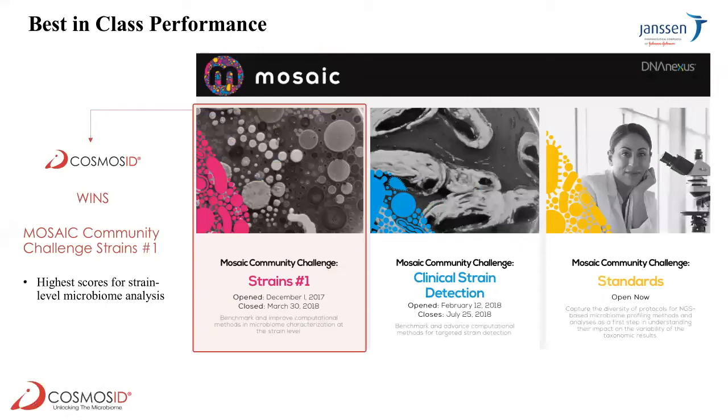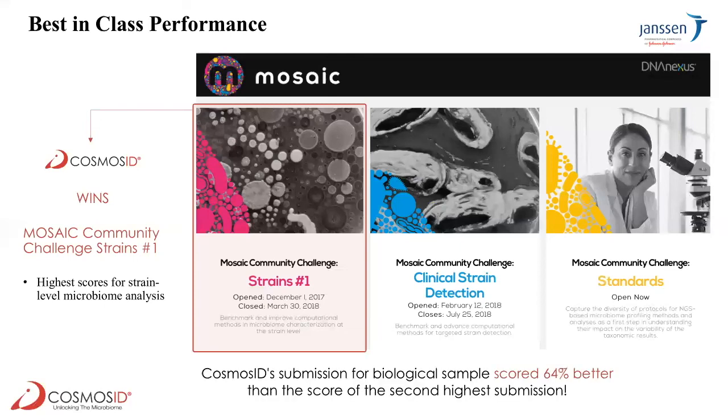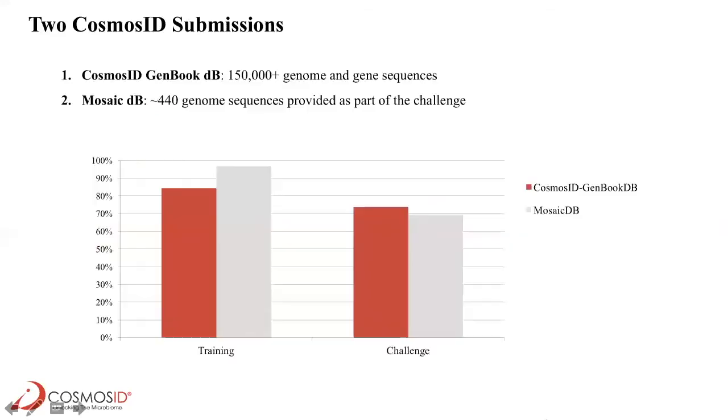As our commitment to that, we participated in the Mosaic challenges, and in the Strain 1 challenge, as Michalis showed, we won with the highest score of strain-level microbiome analysis. Most importantly, in the biological sample, where a researcher will most of the time encounter unknown strain diversity, we scored 64% better than the second highest submission.